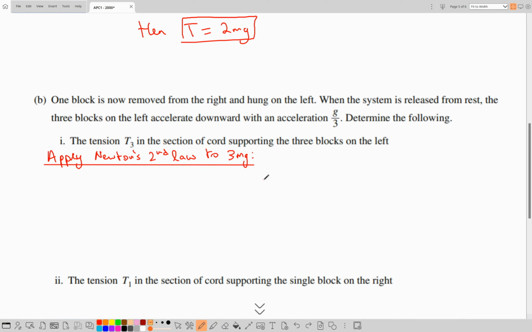Generally speaking, we know that Newton's second law is given by the sum of forces equals ma. Now what are the different forces acting on the 3m block? We have the pull of gravity and the tension in the cord, and this is it. This should be equated to 3m multiplied by the acceleration.